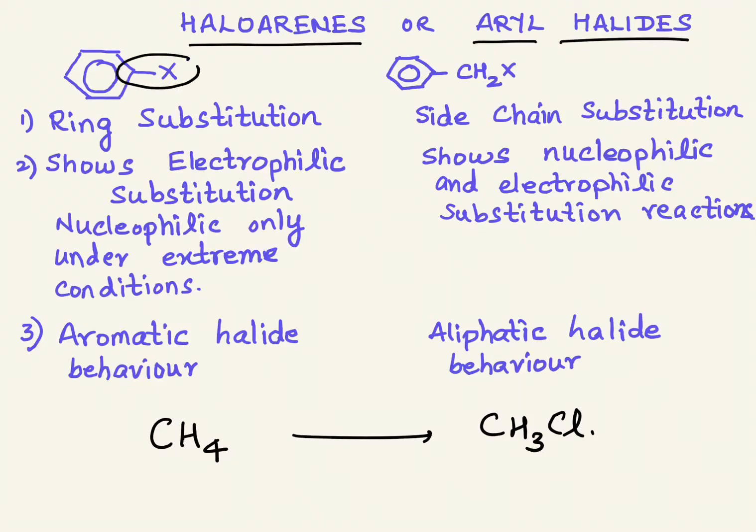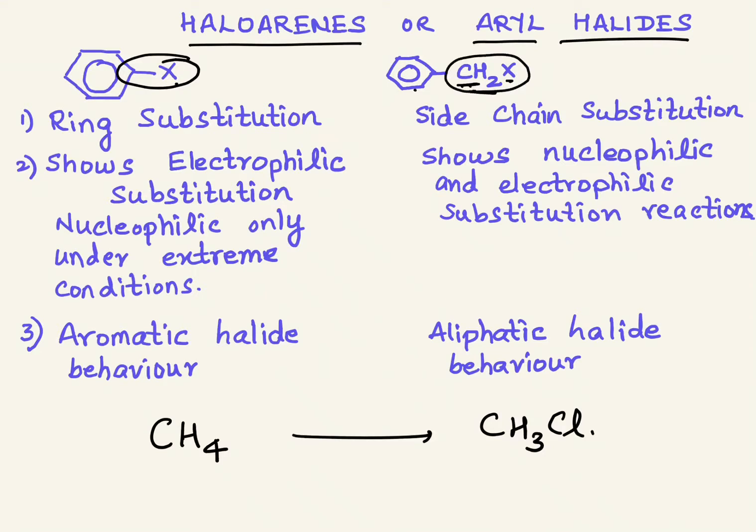You see over here? Here, the hydrogen of the benzene ring has been replaced by a halogen. If on the other hand, you've got an alkyl group attached to the benzene ring and we replace a hydrogen of that alkyl group with a halogen atom.